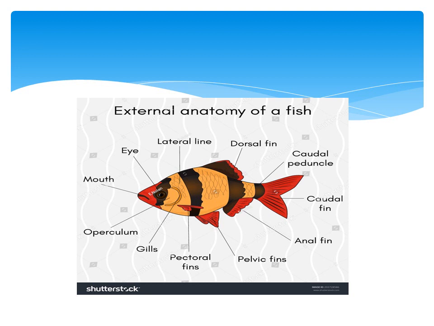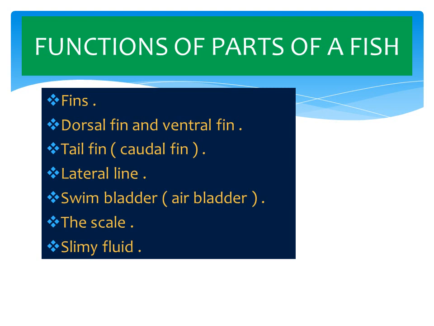We have the mouth, eye, lateral line, dorsal fin, caudal peduncle, caudal fin, anal fin, pelvic fins, pectoral fins, gills, and lastly the operculum. Candidates, we are going to see the function of each external part.